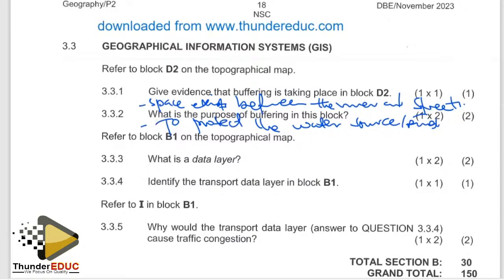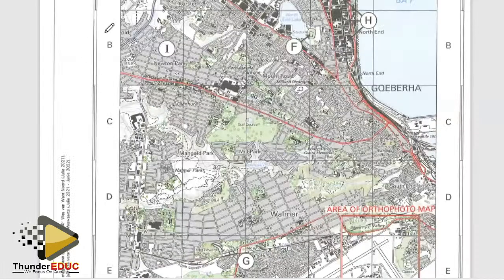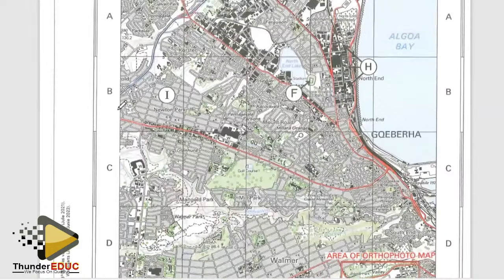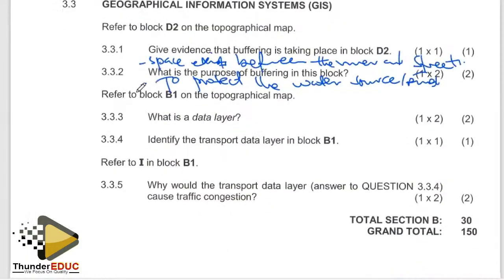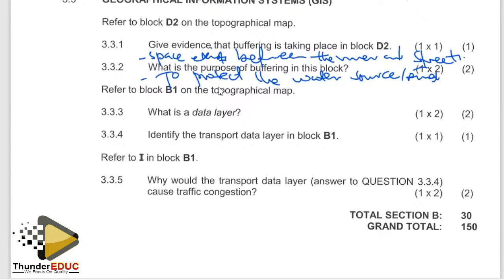Refer to block B1 on the topographic map. If you go to the map and look at B1, B1 is here. Okay. If you look at B1, the first question is, what is a data layer? The layer that can be put on top of the other.